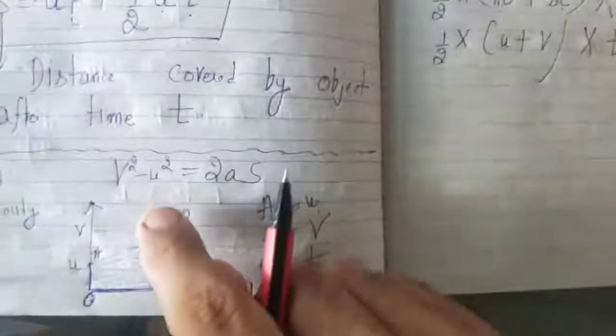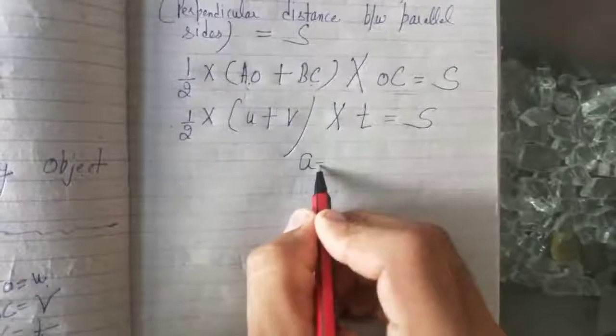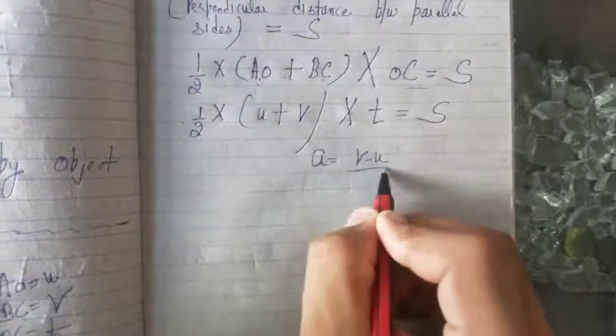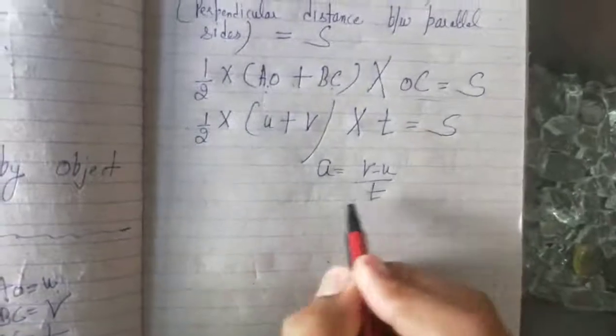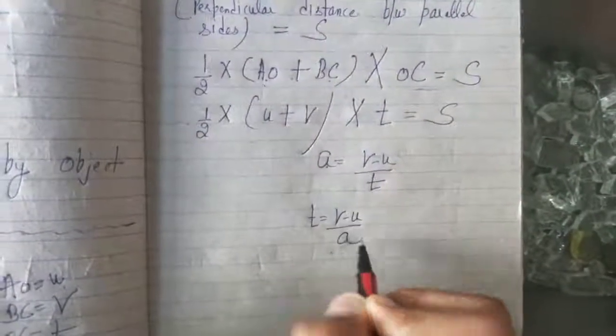In the equation we require T, and is T coming or not? No, T is not coming in the final equation, but here T is coming, so we have to eliminate T. Acceleration is the same expression you have to use, V minus U upon T. T comes to this side, so what will it mean? V minus U upon acceleration.